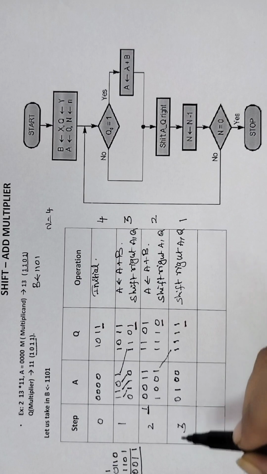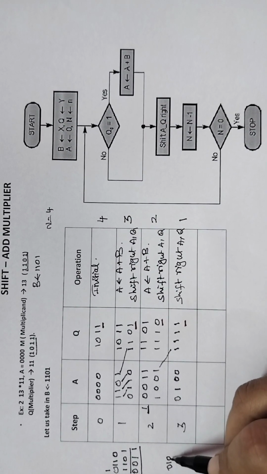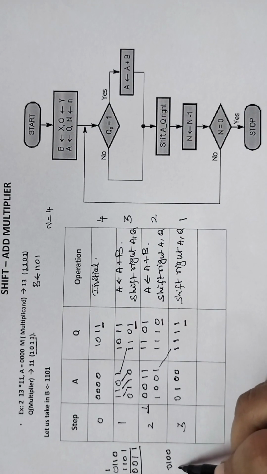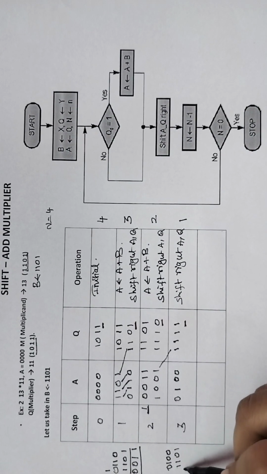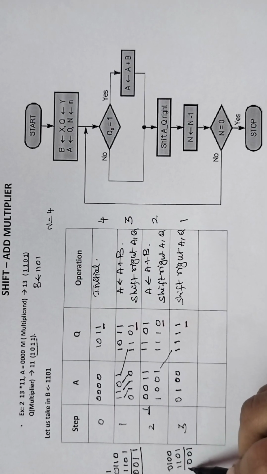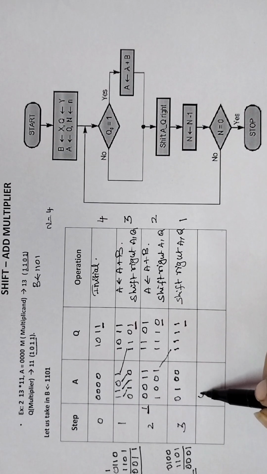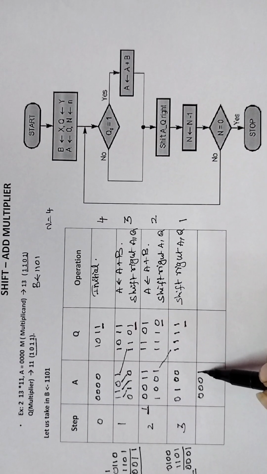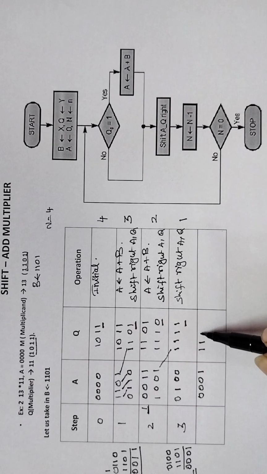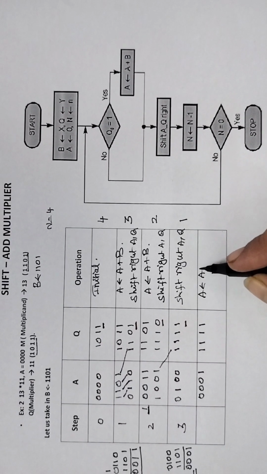In the A register we have 0100 and the multiplicand is 1101. When we add them, we get 0001 with a carry, and Q is 1111. This is the process of A = A + B.